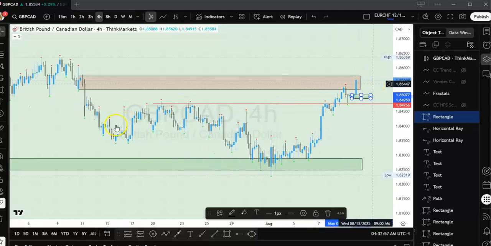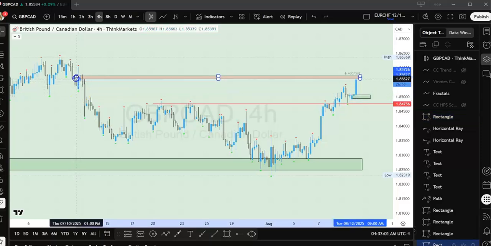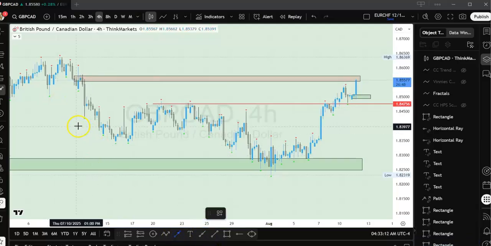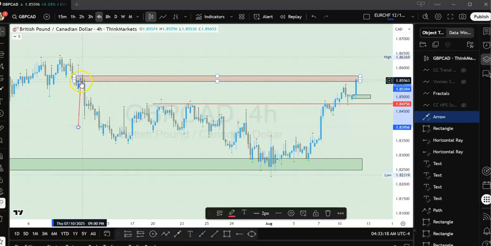So what I'll probably do, let me just clean this up here. This blue candle at the far left, let me just draw this out. This candle right there is the blue candle before this big move down. That's usually where the supply zone is.